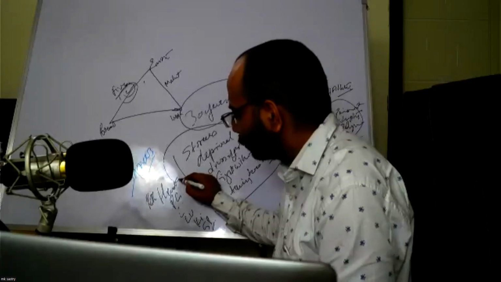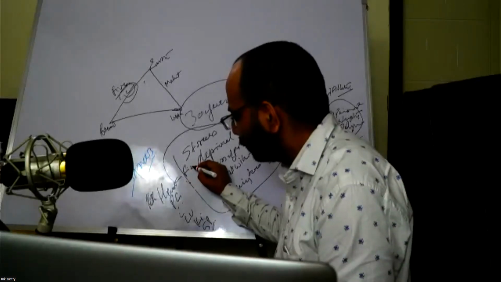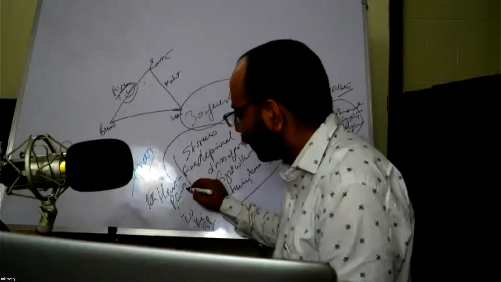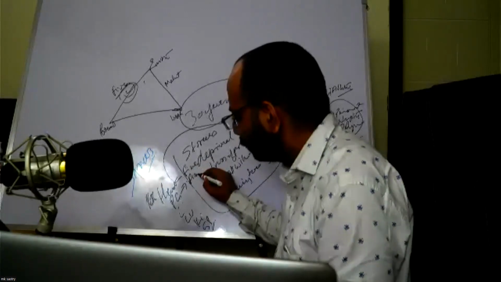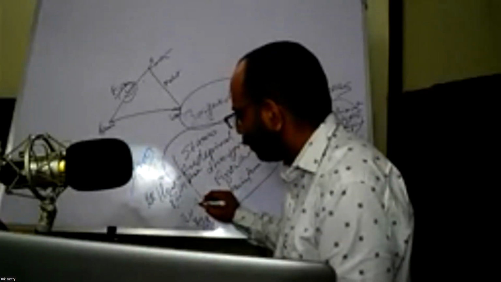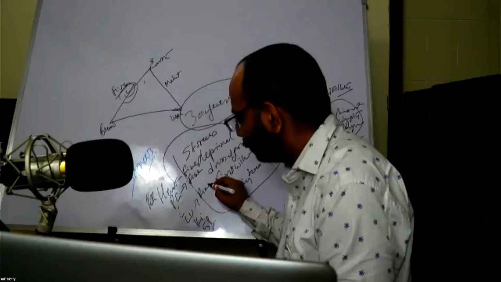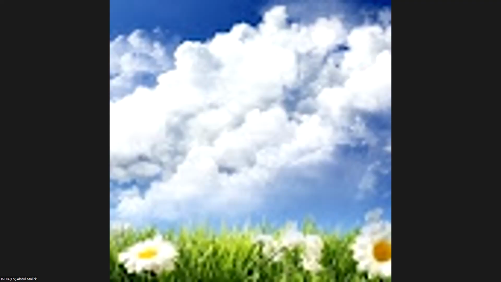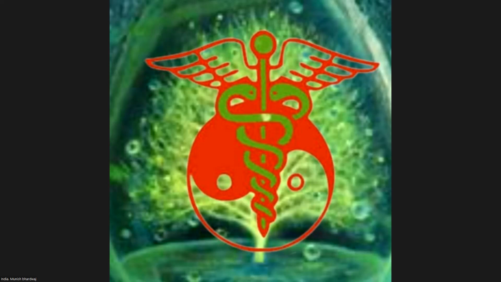The heart belongs to fire, pericardium belongs to fire, lungs belong to metal, kidney belongs to water, spleen belongs to earth.